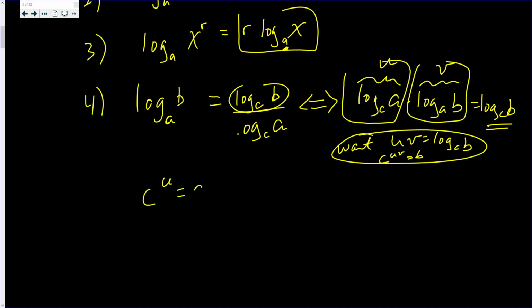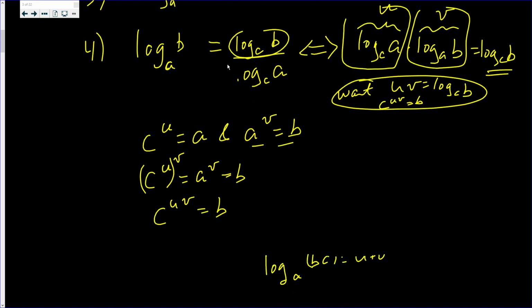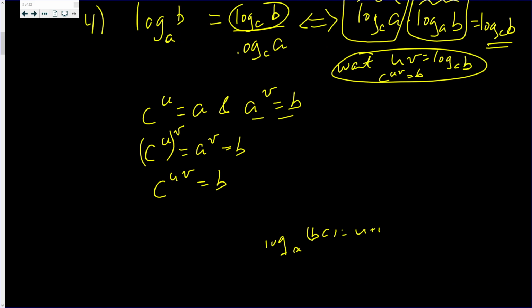So C to the U is equal to A, and A to the V is equal to B. Okay, so we have C to the U is A. If I raise this to the V power, I get B. That is C to the UV is B. But that's where everything comes together.